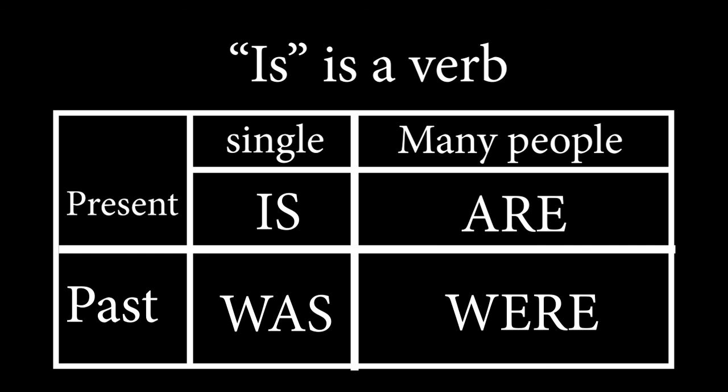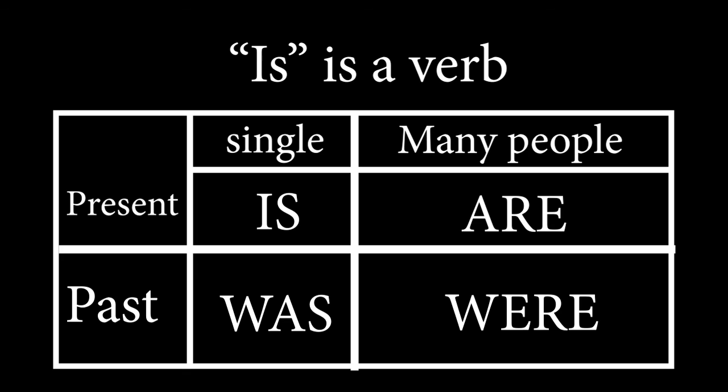We don't always think of the word is as a verb that has different tenses, but it does. It depends on when you did it, how many people were there doing it. So you could have is if it's happening in the present, was if it happened yesterday, were if it happened yesterday and multiple people were doing it, right?